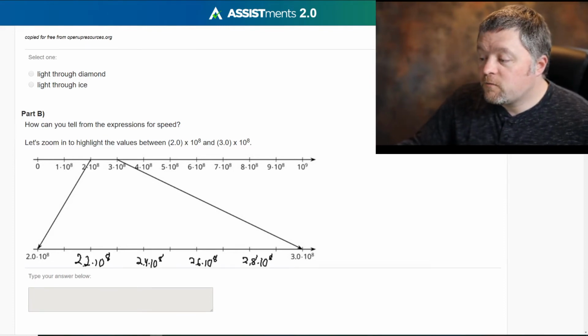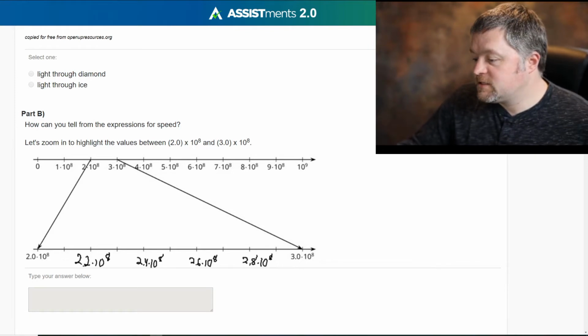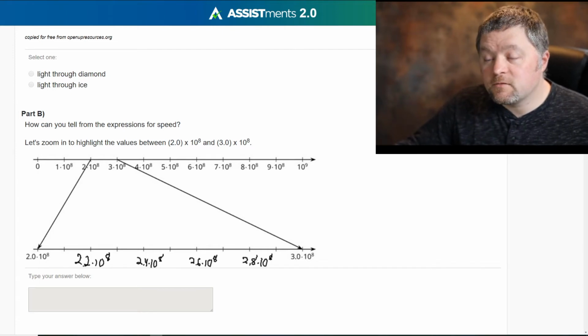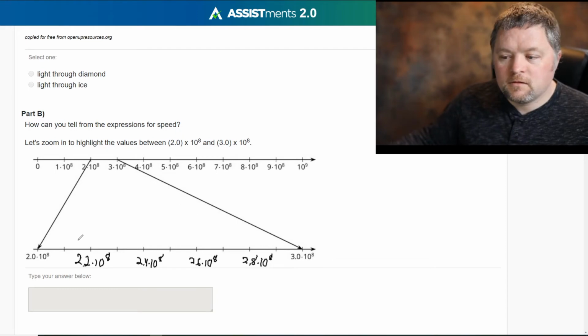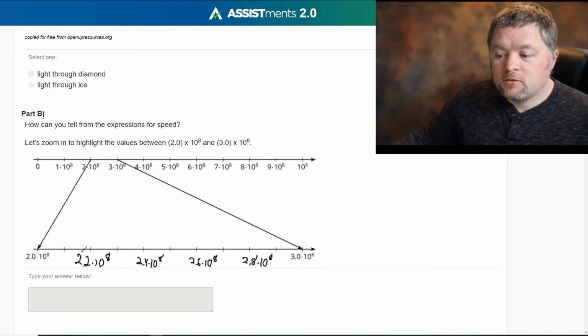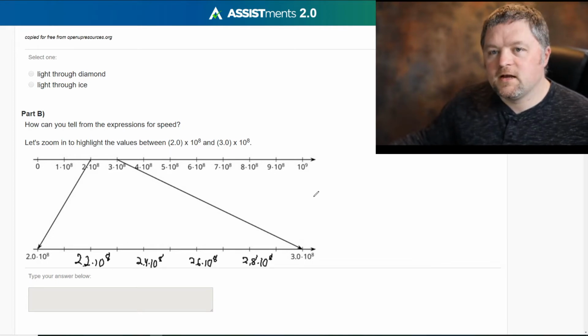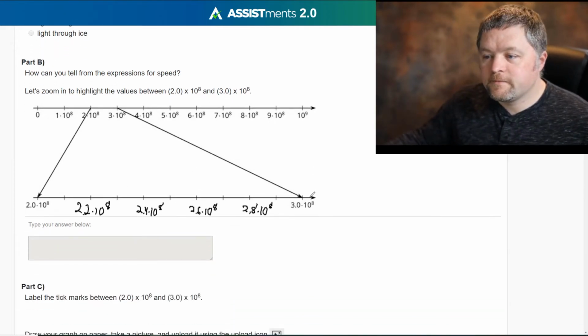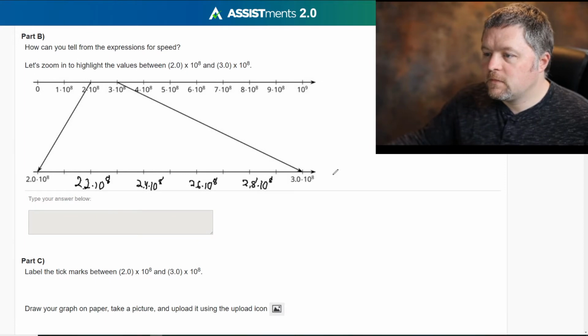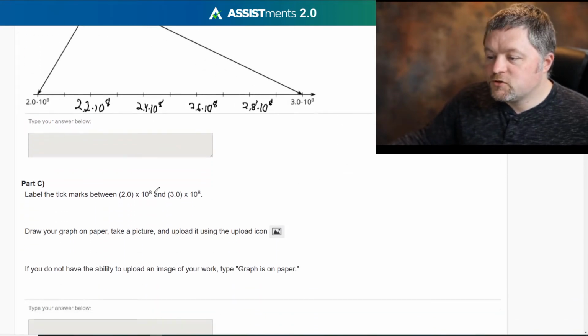If we go from 2 times 10 to the 8 all the way to 3 times 10 to the 8, they included a nice little hint on here with those decimal points. 2.1 times 10 to the 8, 2.2 times 10 to the 8, 2.3 times 10 to the 8. So now we've zoomed in. We've labeled them.